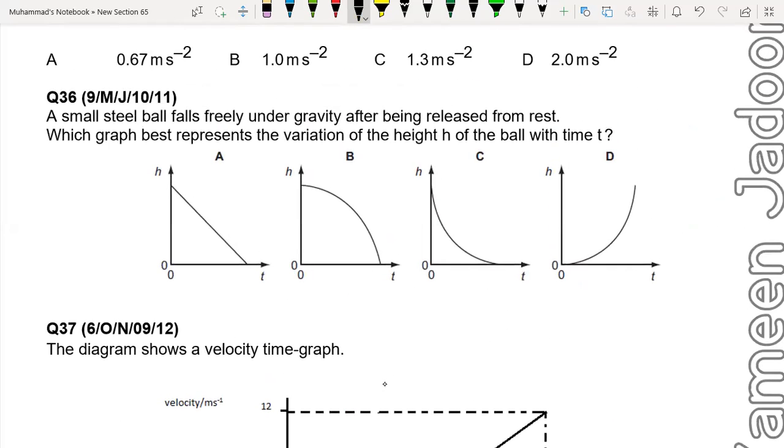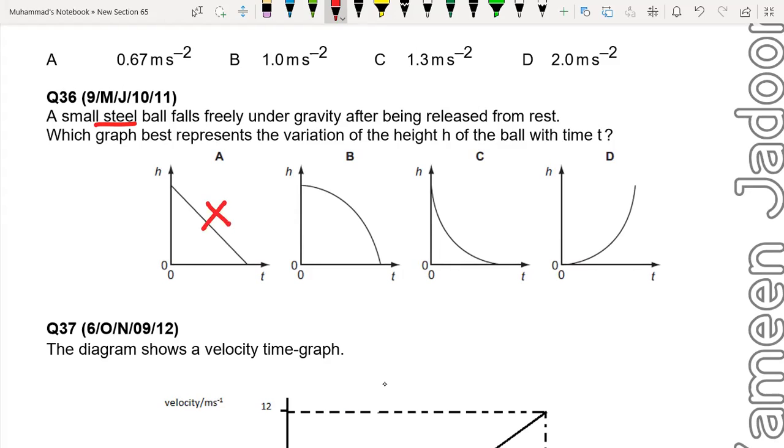Again, a height-time graph, the small steel ball, no air resistance. Which graph best represents the variation of the height? So acceleration is constant. That shows the velocity should increase at a constant rate. The velocity should not be constant.